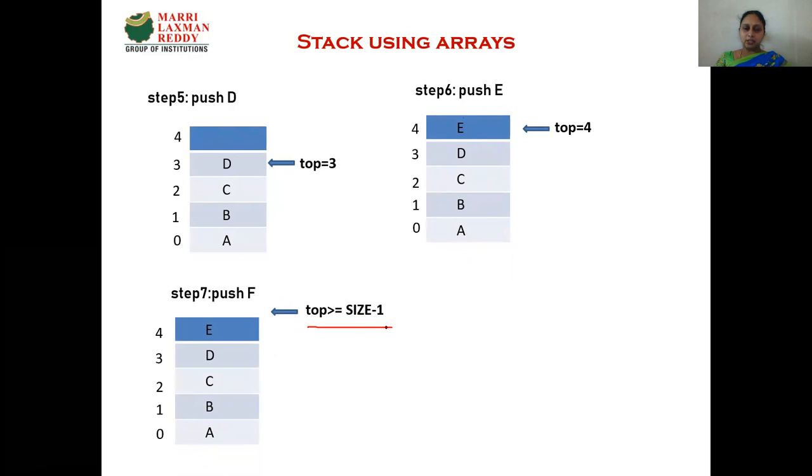I have taken the size as 5, so size minus 1 is 4, and elements can be stored only up to index 4. But if I give one more element, it leads to an error condition called overflow. This happens when I insert an element and the condition on top is not satisfied.